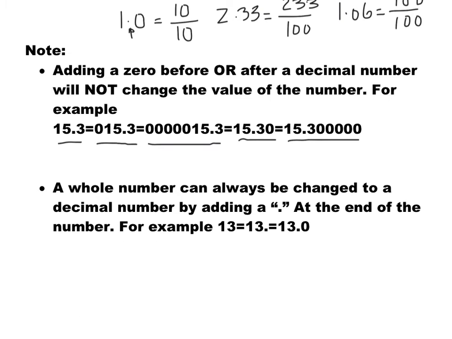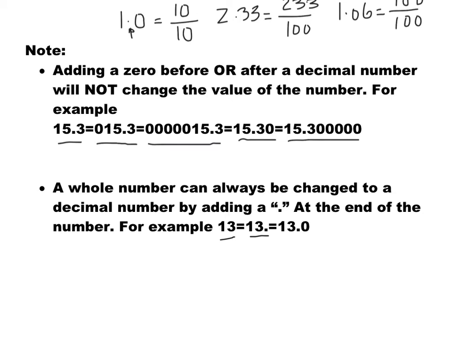Another thing that you have to remember is that with whole numbers, we can change them to a decimal number just by adding a decimal point at the end of the number. For instance, if you look at 13, I can write 13 as 13 point. You may wonder why there is no digit after the decimal point.